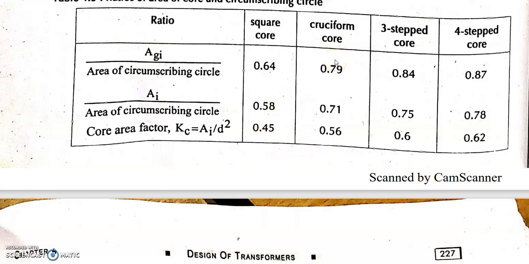That will increase the mean turn length of the coil, and that will reduce the amount of copper utilized in the construction of the transformer, as well as it will reduce the copper loss in the transformer.